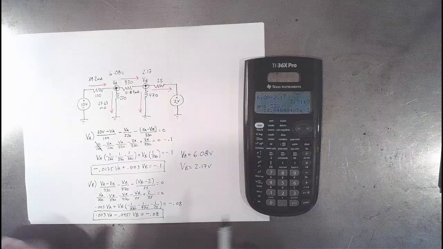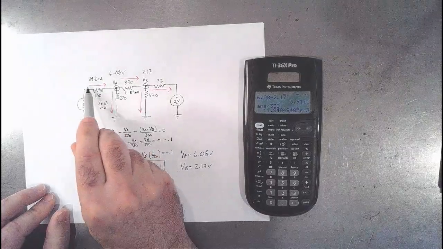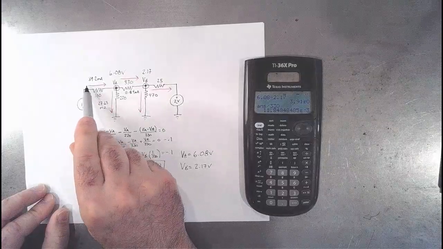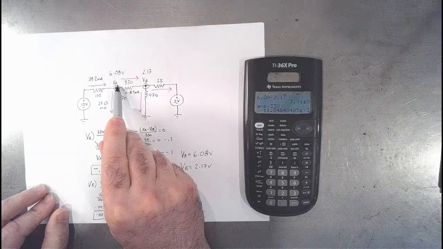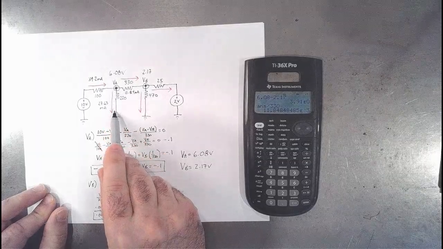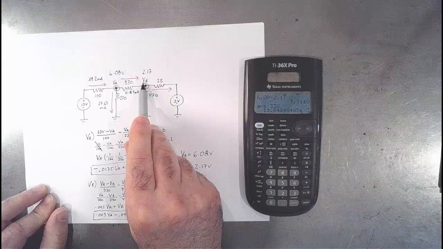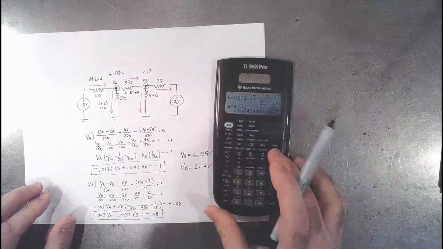Okay. So if I'm correct here, then when I total 39.2 milliamps entering, minus 27.63 milliamps leaving, minus 11.84 milliamps leaving, I should get about 0. So let's see.